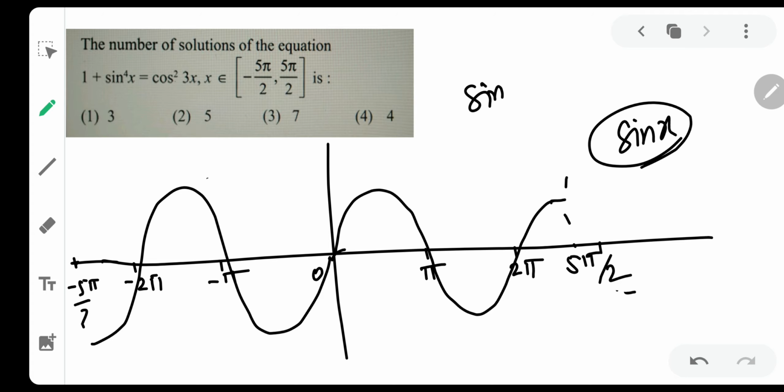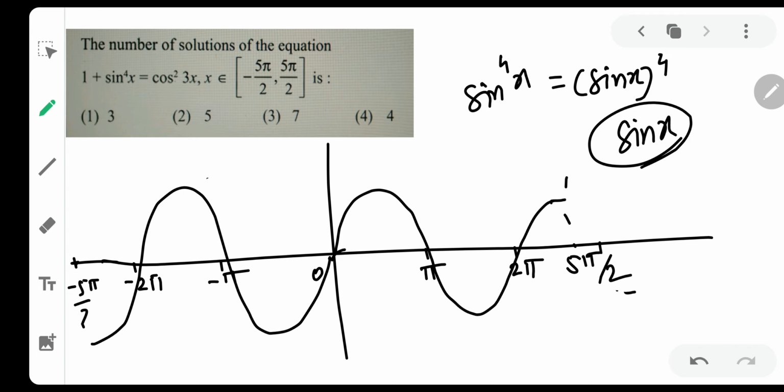When you are doing sin^4 x, what will happen? This is nothing but sin x the whole raised to 4. It means whatever negative values of y are there, they will all turn positive, and there will be a change in the nature of the graph.